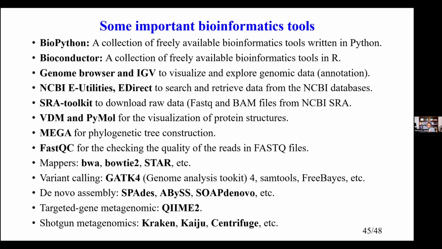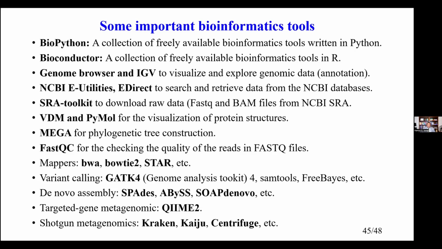If you want to align reads to a reference genome, you can use BWA, HISAT2, Bowtie 2, or STAR, and there are others too. For variant calling, you can use GATK, the Genome Analysis Toolkit 4, SAMtools, or FreeBayes. For de novo assembly, you can use SPAdes, ABySS, or other software.